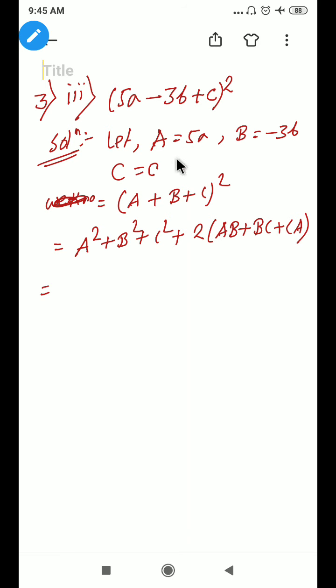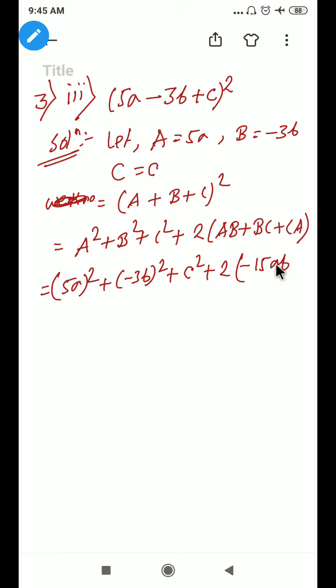So A is 5a, so 5a whole square, B is minus 3b, so minus 3b whole square, and C is small c whole square, plus 2 into AB. A into B, if you multiply these two, you will get minus 15ab, plus BC. If you multiply these two, you will get minus 3bc, and CA is here 5ac.